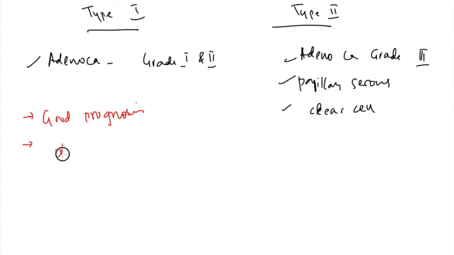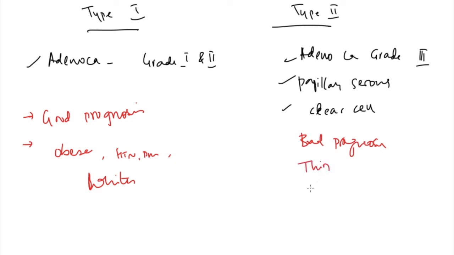We said some obese lady who is having hypertension and diabetes, and basically this is common in whites. On the other hand, type 2 is associated with poor or bad prognosis. You're going to have a thin female who is black.